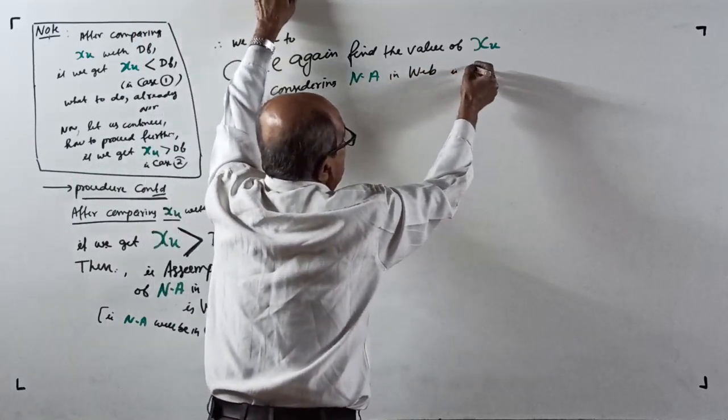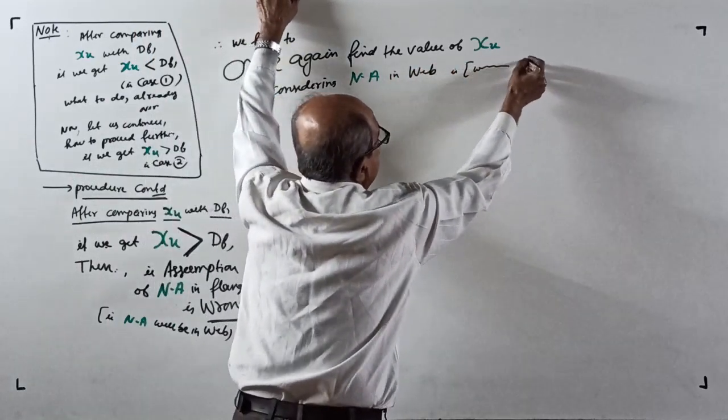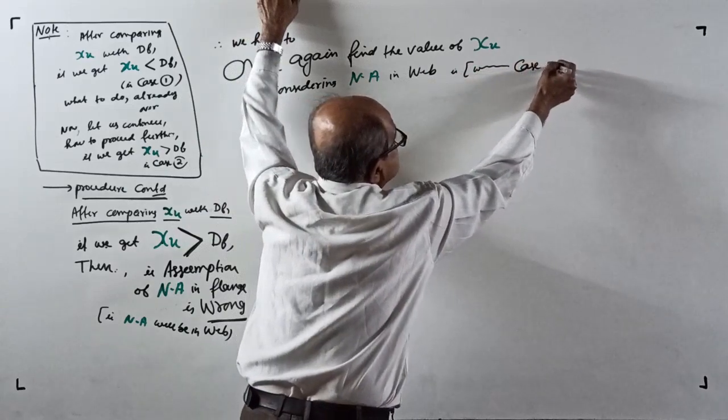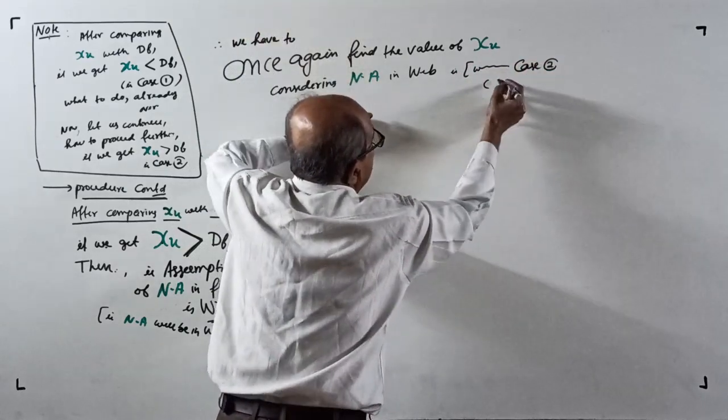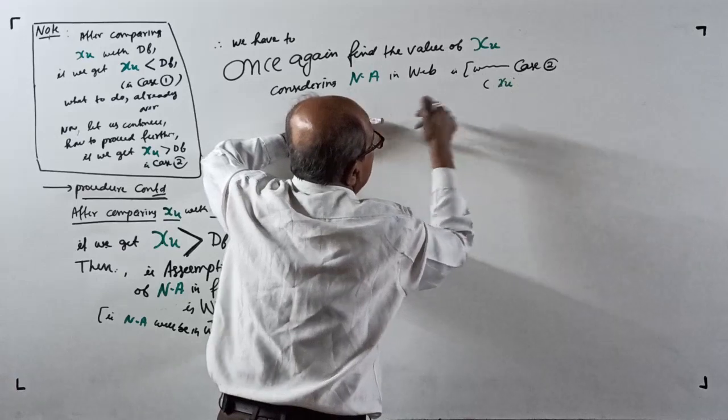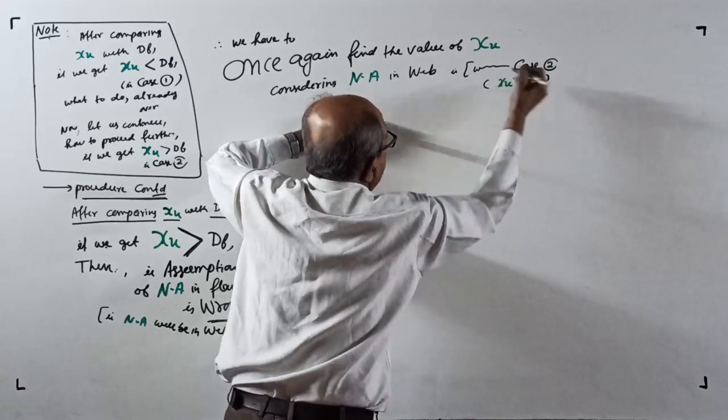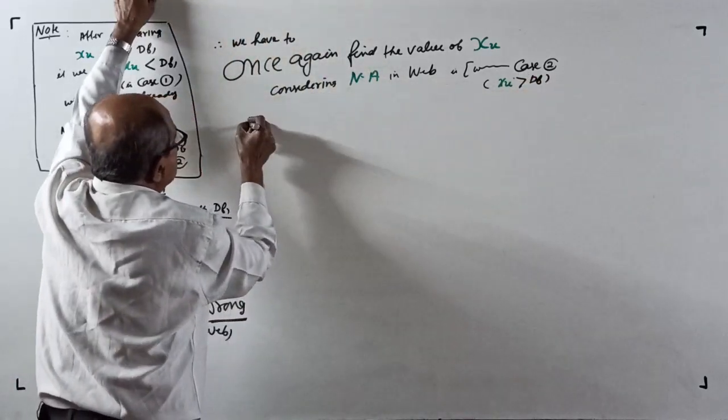That is, we have to go for case 2 of XU more than DF. Okay, 1 minute. One more note.